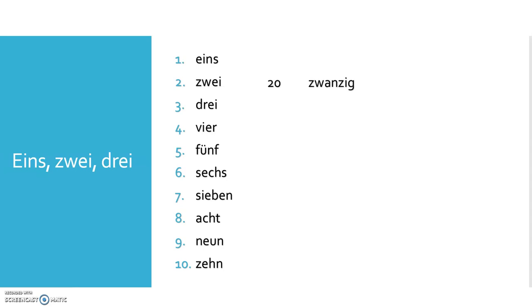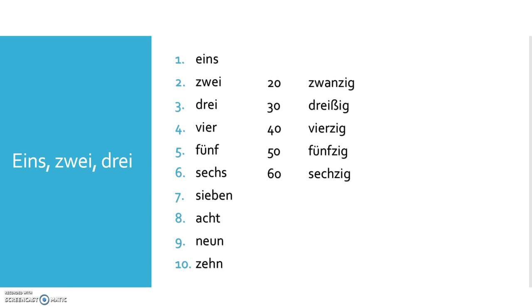20. 30 is 30. Do you see there is an SZ in the middle? This one is an exception, but the remaining ones will be easier. So it's just 30, that's somewhat special. So we have 20, 30, 40, 50, 60.